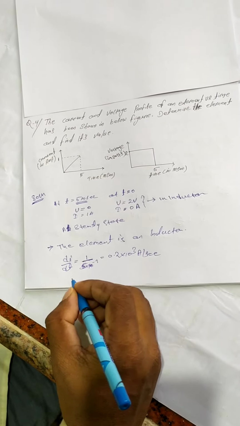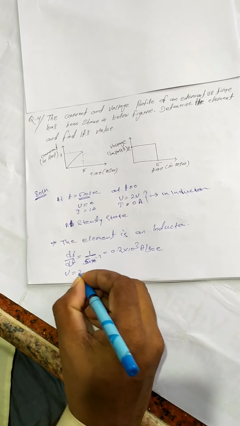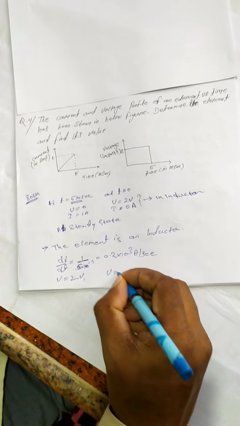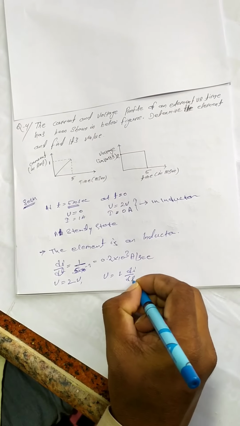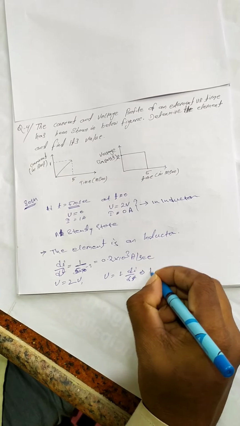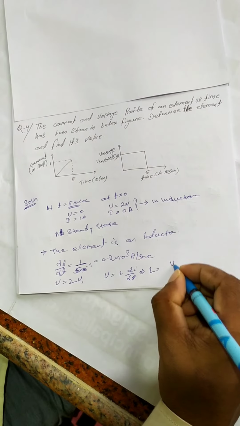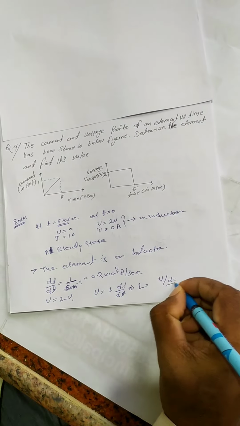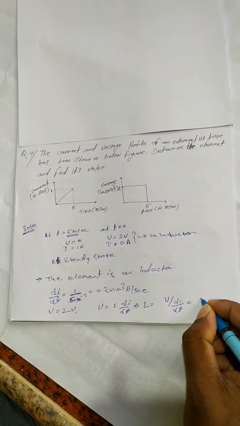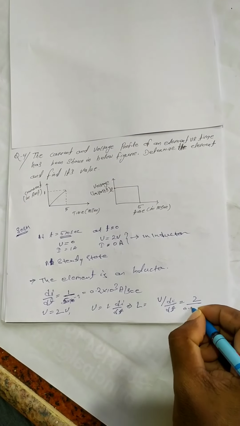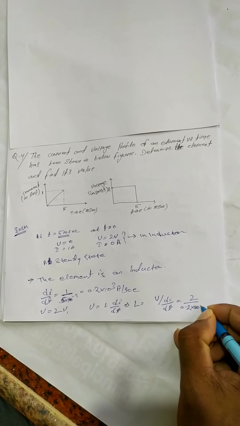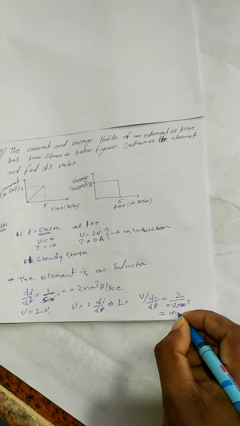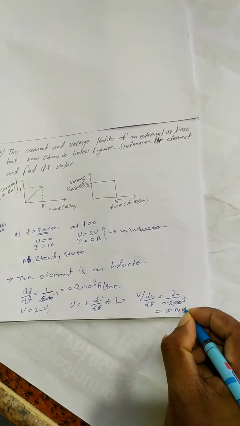Initial voltage across the element, V equal to 2 volt. So we know V equal to L di by dt. From this, L equal to V divided by di by dt, where V equal to 2, di by dt 0.2 into 10 to the power 3, which is equal to 10 millihenry.